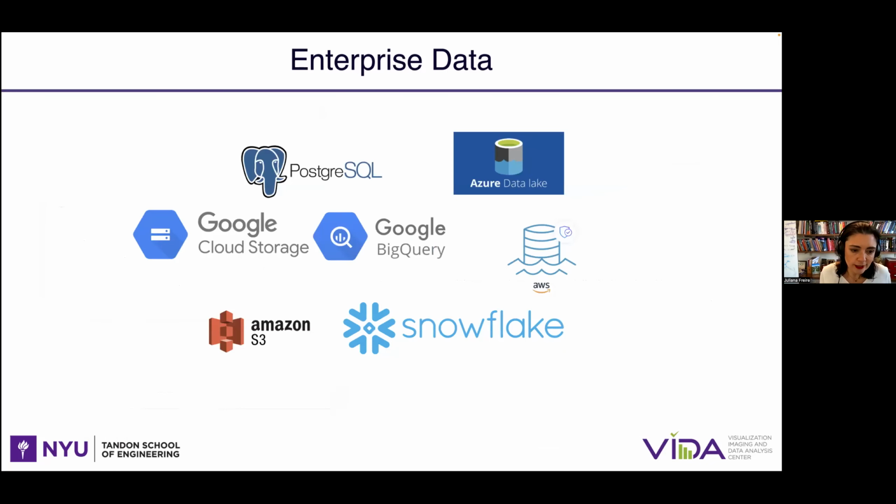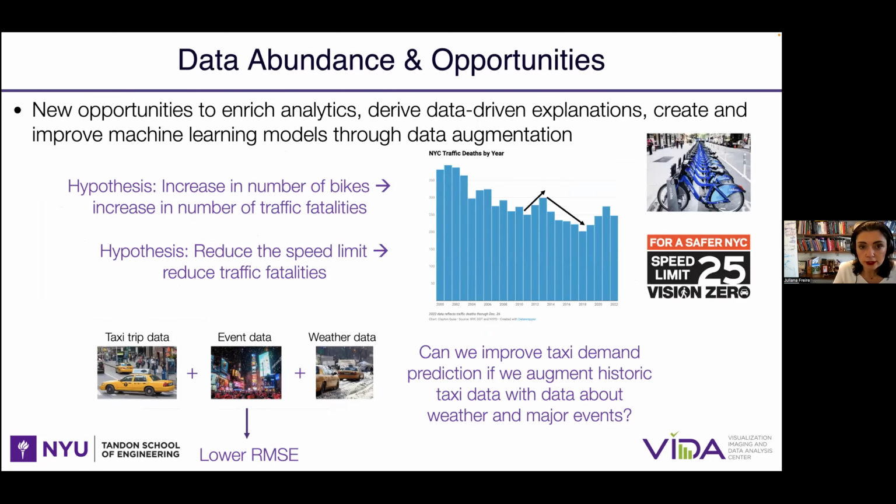It goes without saying that in industry, there has also been an explosion in the data sets that are available, not just in databases and warehouses, but now in data lakes and cloud storage. And this is great news, because with all this data, we have lots of opportunities to enrich analytics, to derive data-driven explanations for features that we find in data, as well as to create and improve machine learning models through data augmentation.